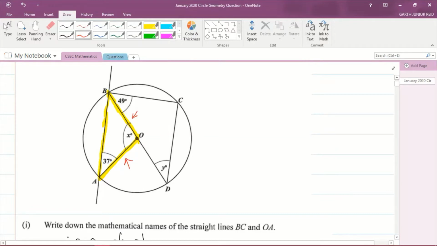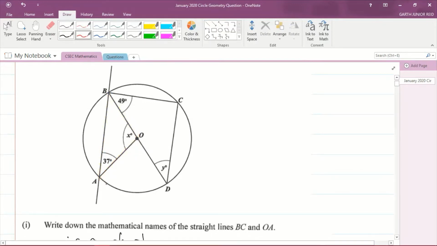With that being said, this triangle that I've highlighted in yellow is an isosceles triangle. And we know that in an isosceles triangle, the base angles are the same. That is important to note.